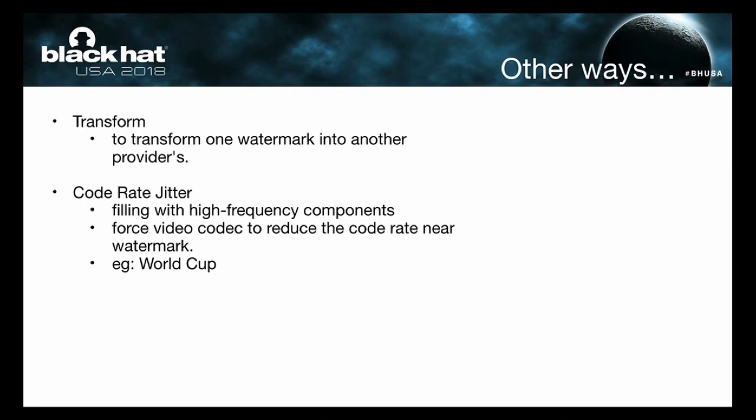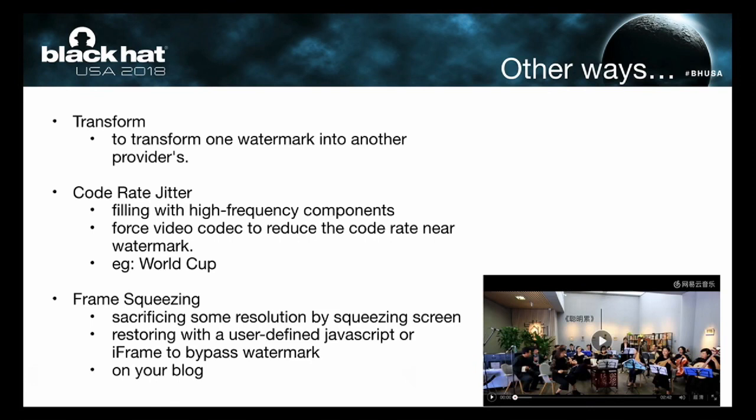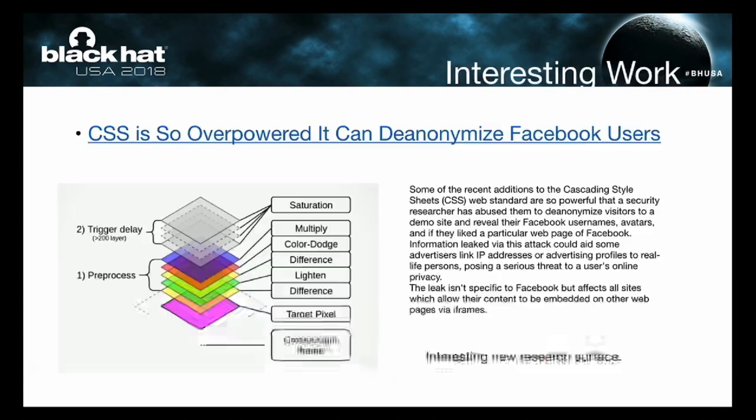Actually, I observed the code rate jitter in the latest World Cup. Another way is just frame squeezing: if you want to place the video on your blog, you can simply hide these pixel areas and write some JavaScript or iframe to bypass the watermark on your blog.